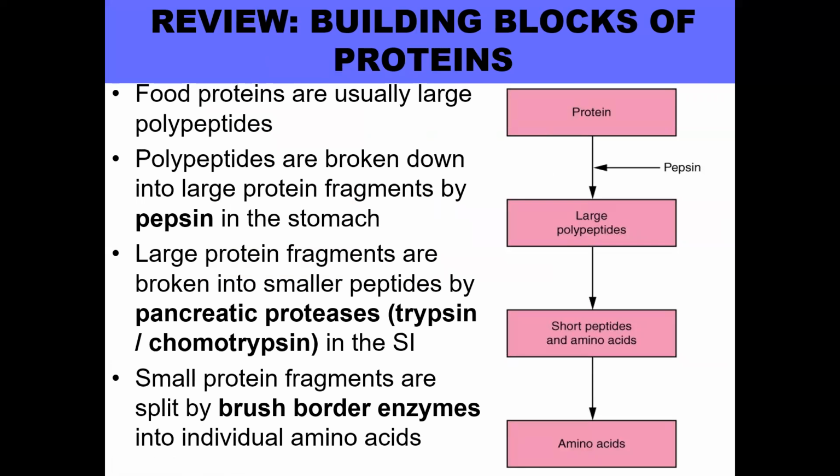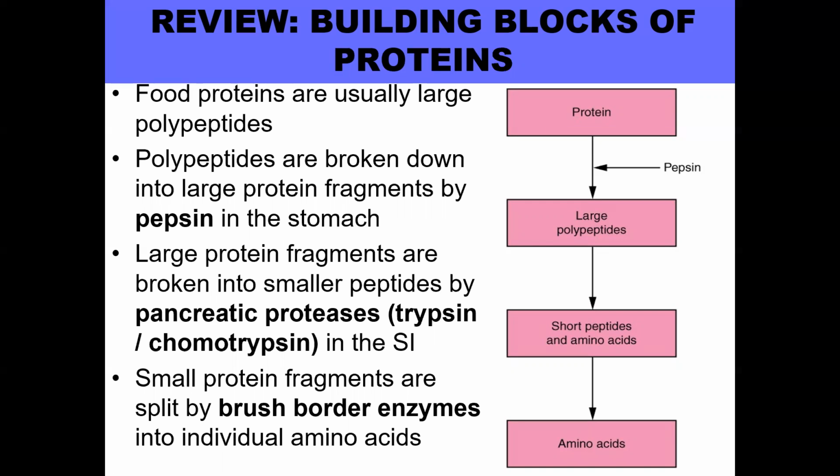All right, protein. So we're going to see the same kind of thing happen. We'll have the giant protein, which is your big protein castle. The beginning of protein digestion is going to be in the stomach, by an enzyme called pepsin. Then the larger protein fragments are going to be broken into smaller peptides by some other pancreatic proteases.